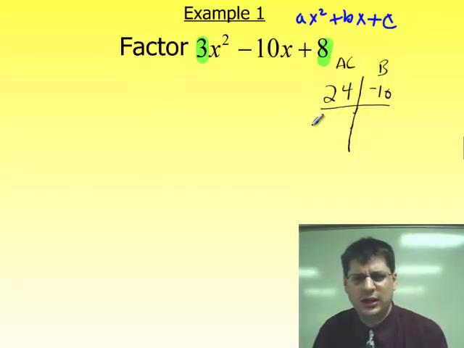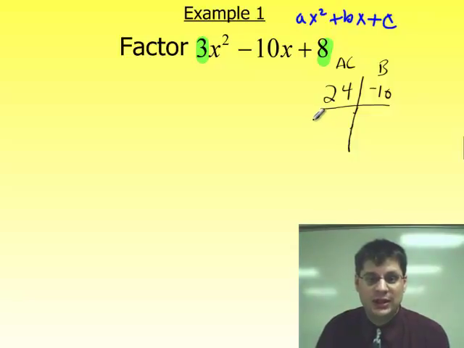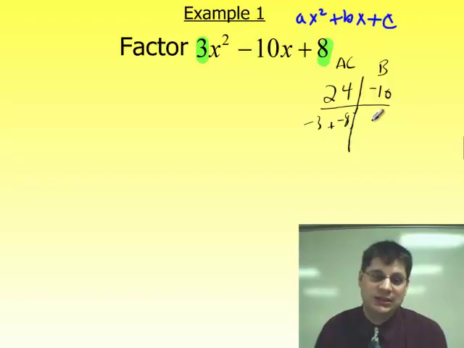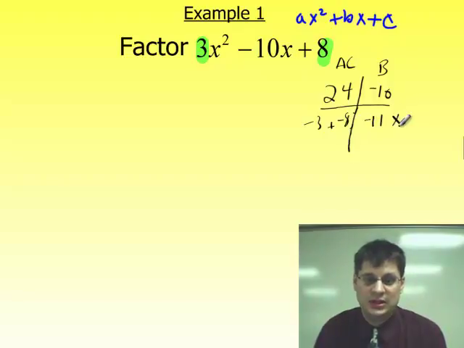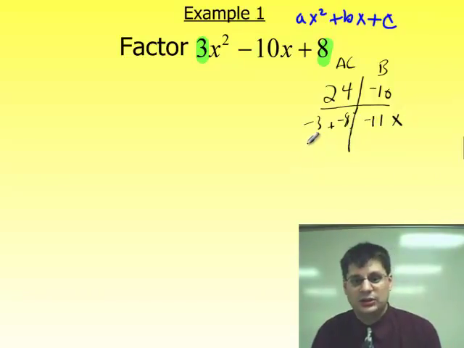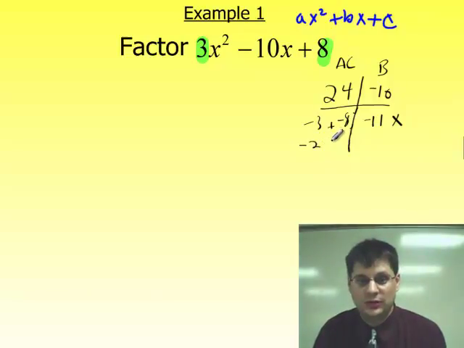Let's try, let's say, -3 and -8. They have to add to -10, but in this case, these add up to -11, so that doesn't work. I could try -2 and -12.